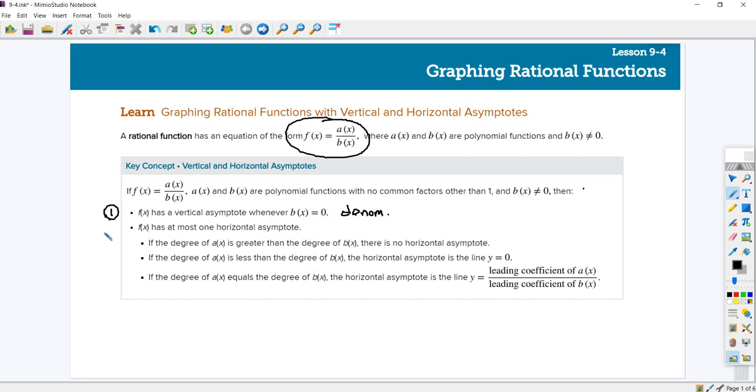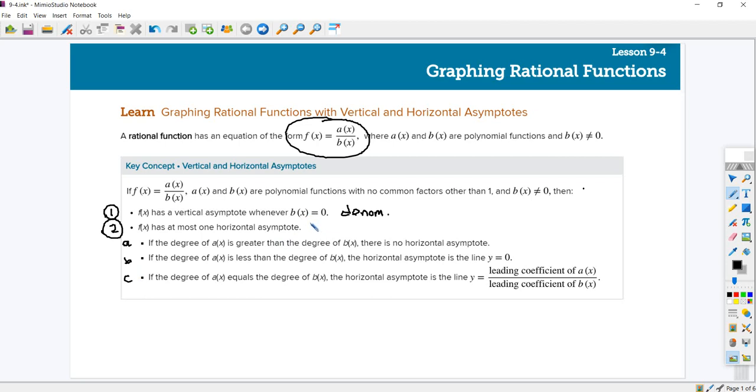That's first. Second, if you are looking for the horizontal asymptote, it looks like we have three cases, 2A, 2B, 2C. For the vertical, it is simpler. You just check the bottom of the fraction, set it equal to 0, solve it, get as many solutions as you can. That's the vertical asymptote.